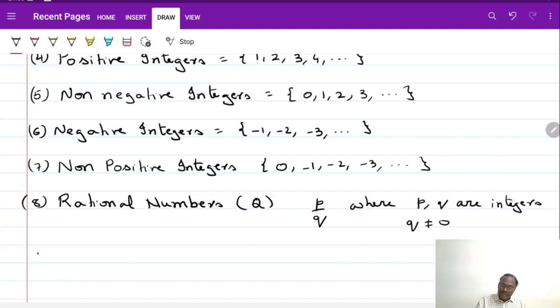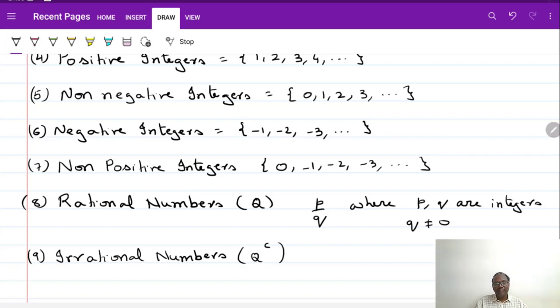Then next come irrational numbers. We represent this with Q complement or Q prime, which is the complement of the set, which we will be learning in detail in future concepts. So irrational numbers are nothing but the complement of the rational numbers.